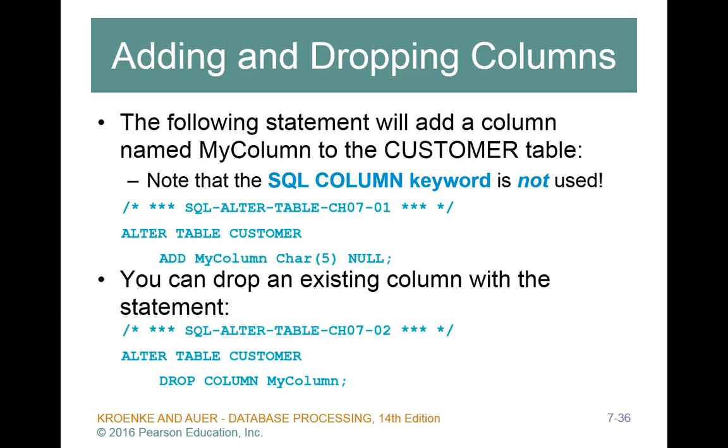As far as dropping an existing column, you again use the alter table, indicate what the table is you're using, and then use the drop column statement along with whatever column it is that you want to drop within that particular table.